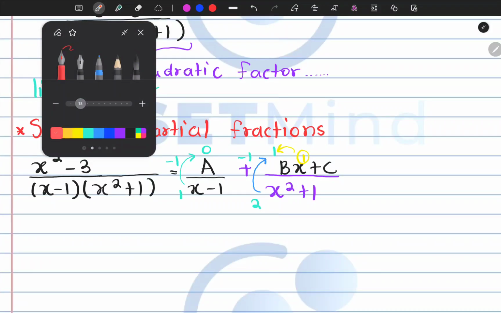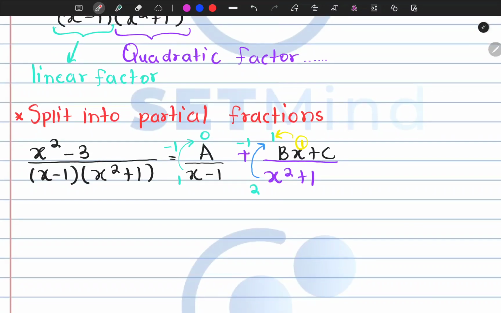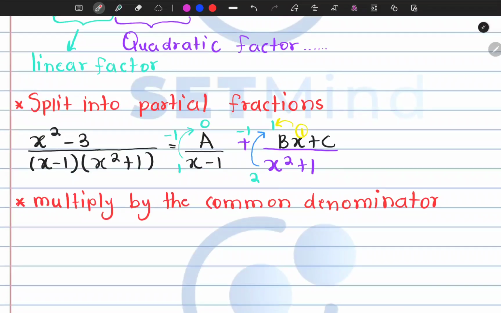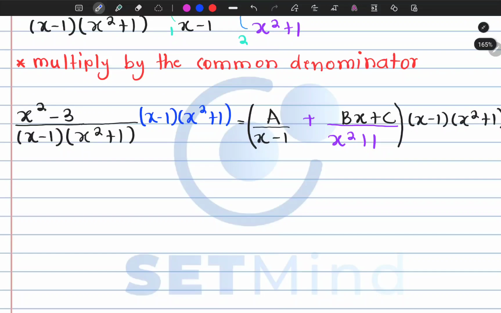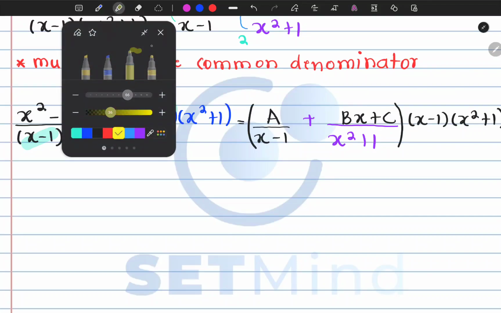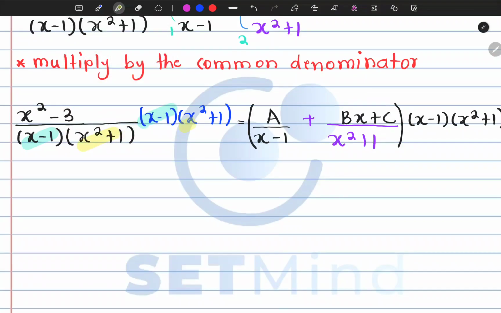Once you're done doing that, we need to multiply by the common denominator, as we always do. So let's quickly do some multiplication here. You will see that x minus 1 and x minus 1 will cancel on the left hand side, and x squared plus 1 will cancel with x squared plus 1.